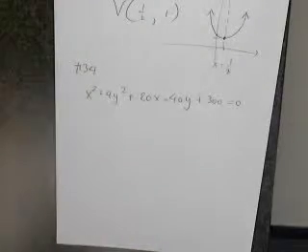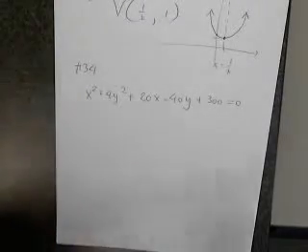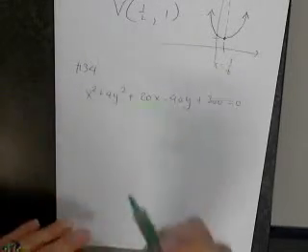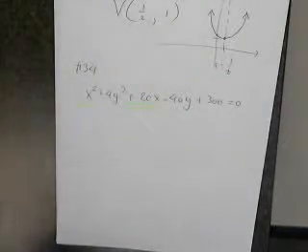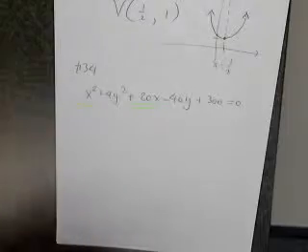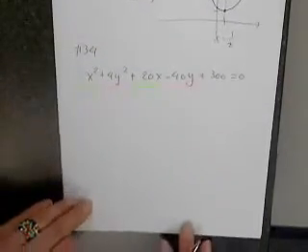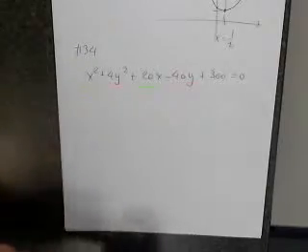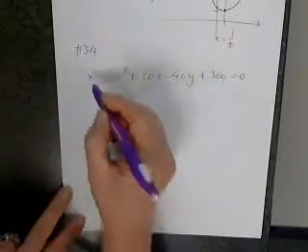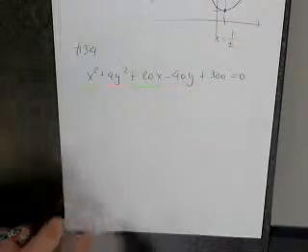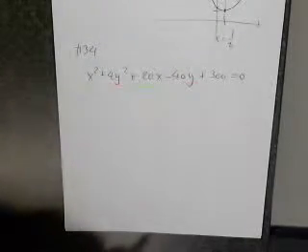Well, in this particular equation, I have x squared and x, and I also have y squared and y. So obviously, I need to complete two squares, one with x and one with y. I like the one with x. Why? Because I don't have to factor out anything.